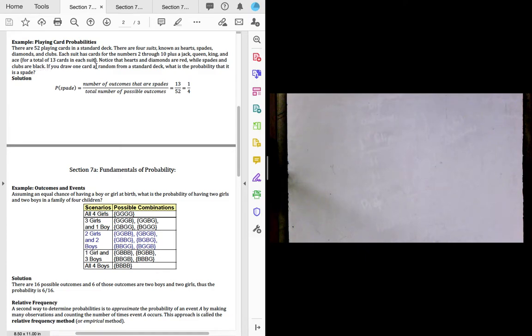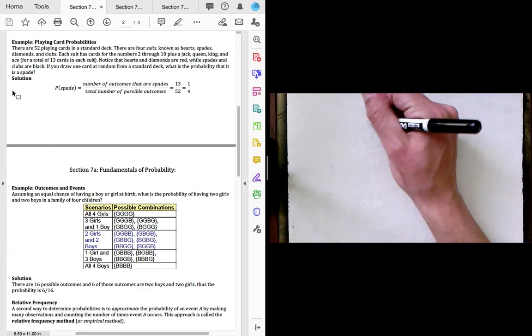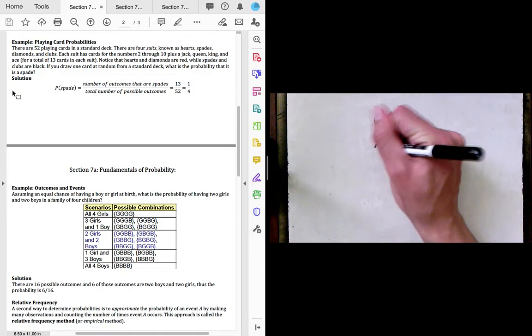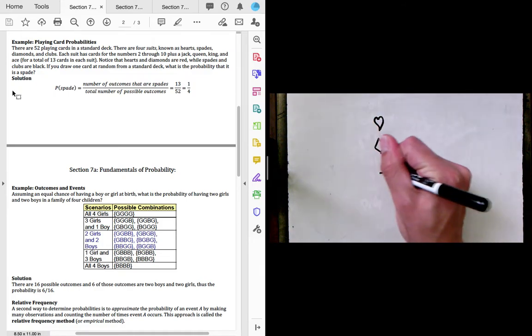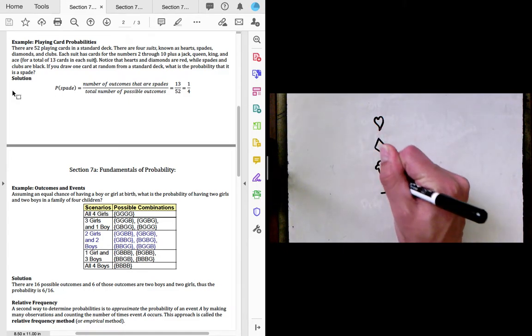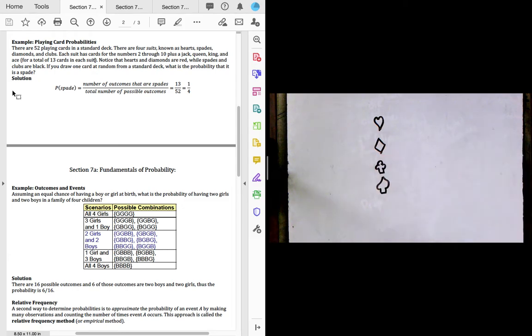So it says if you draw a card at random from a standard deck, what's the probability that it's a spade? So according to this distribution, we have 4 different symbols. We have hearts, we have diamonds, we have clubs, and we have spades. Sorry for my terrible pictures.